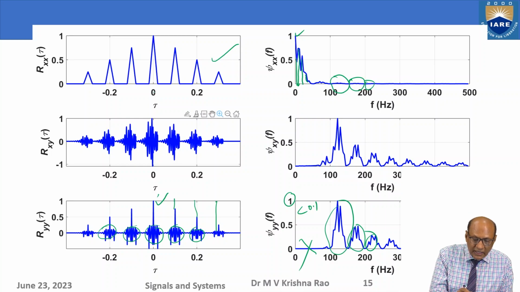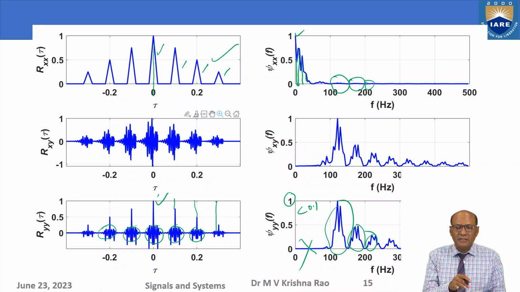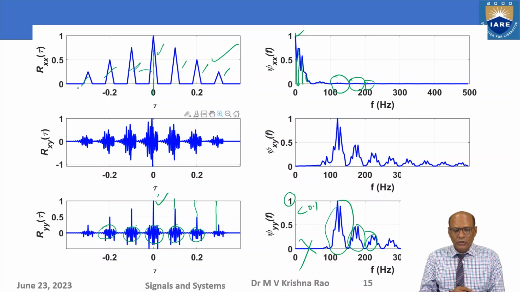Because I have taken 4 cycles, here this is 1 cycle, half of this, all on the positive side. Second cycle, third cycle, fourth cycle. So these 4 cycles are reflecting as a periodicity in the autocorrelation function also. This side also, the negative side, 1. This side negative, from here 1, 2, 3, 4. That is the same thing with the output also.